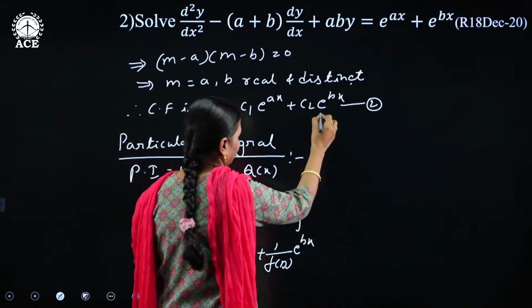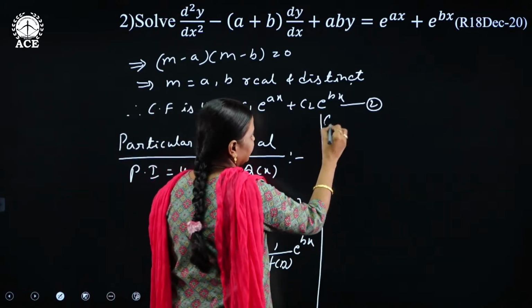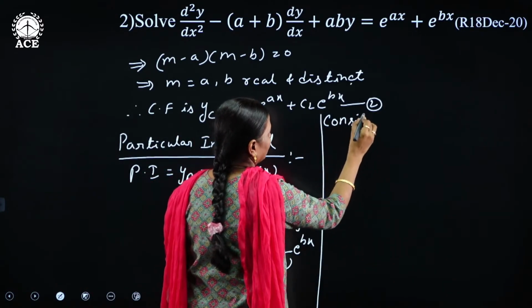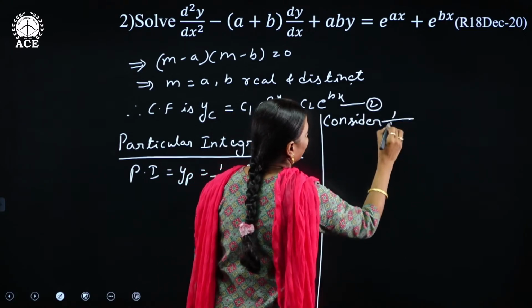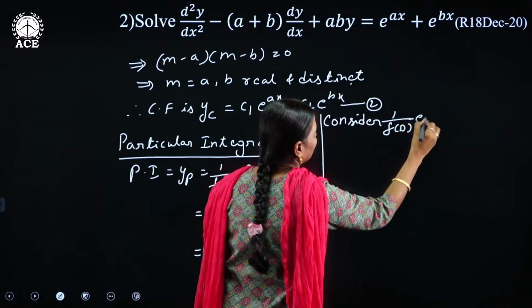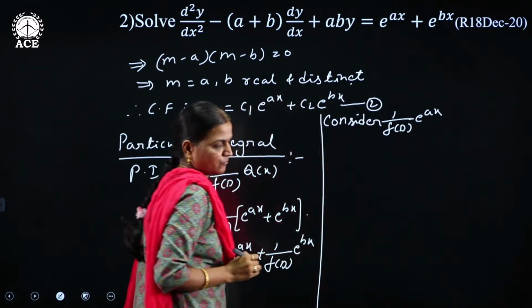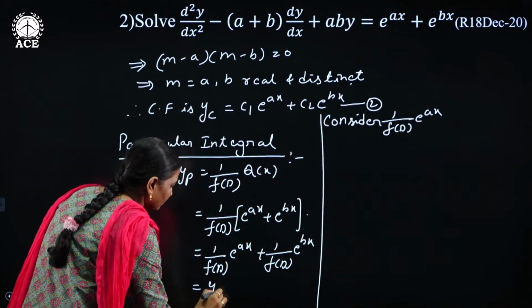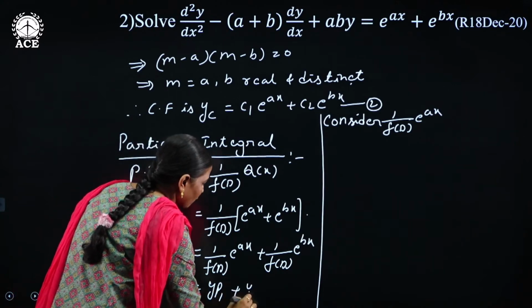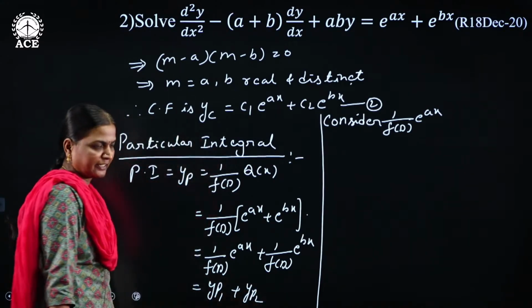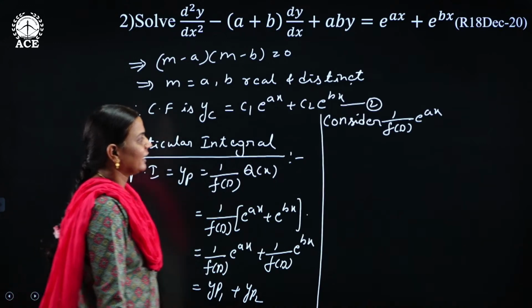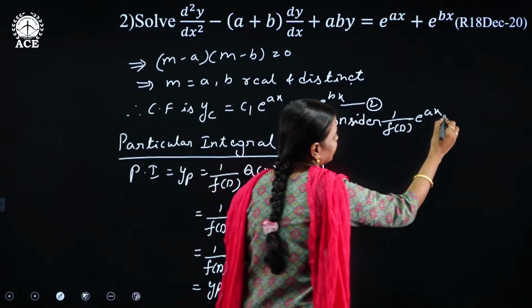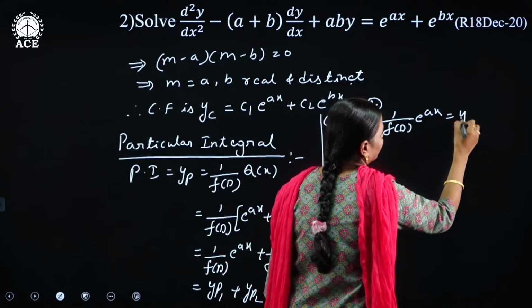So first consider 1 by f of d into e power ax. Let us take this as yp1 plus yp2, the particular integral first part and second part. So consider yp1.